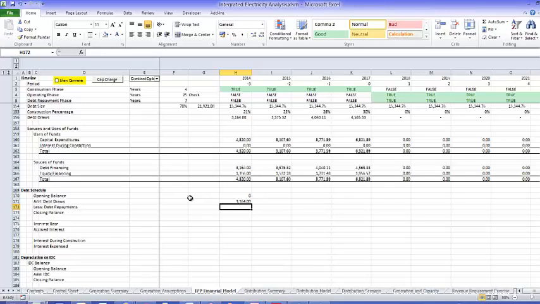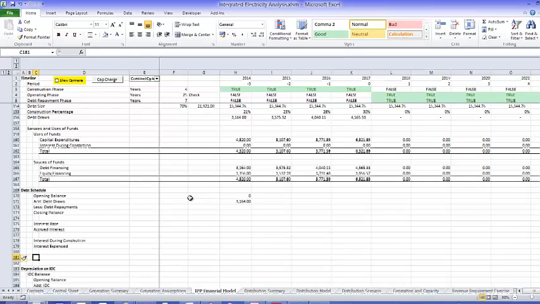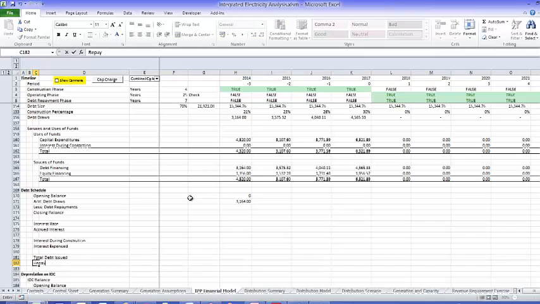Now, the debt repayments, I should have added another line here for this, because what we can do is get the total debt issued and then once we have the total debt issued, get the repayments in a second line, and that repayment will be the total debt issued over the 7-year term. So I just put an equal sign to get the 7-year term.